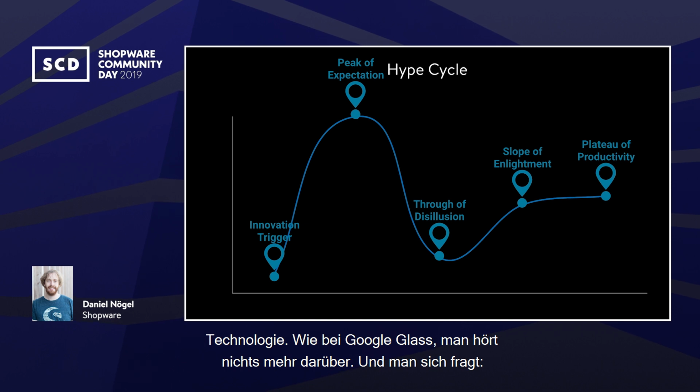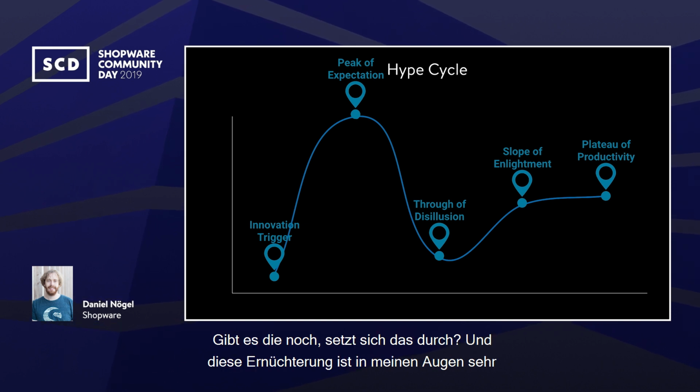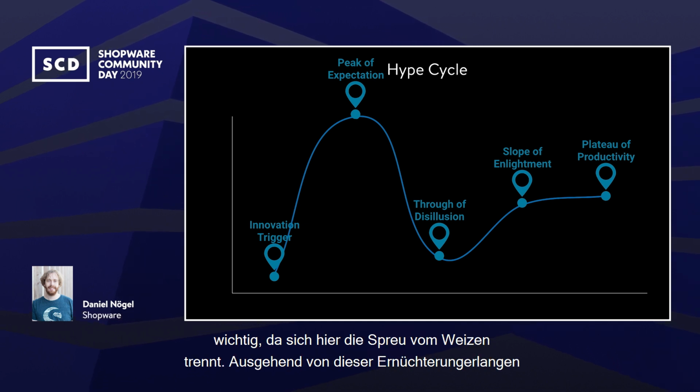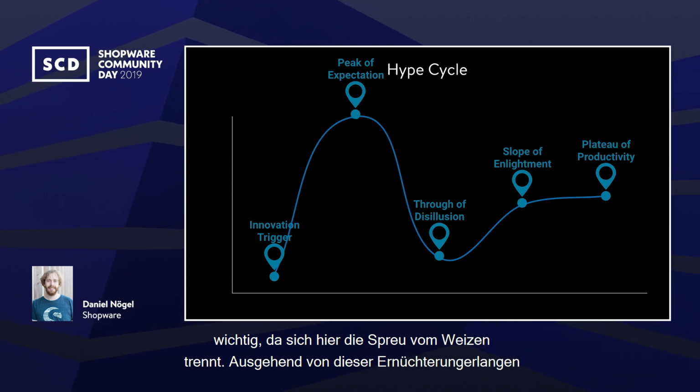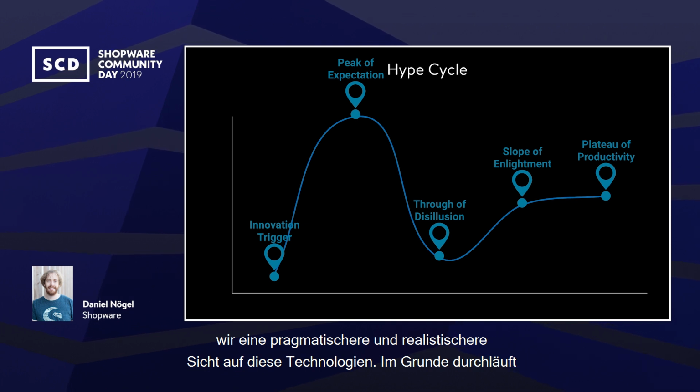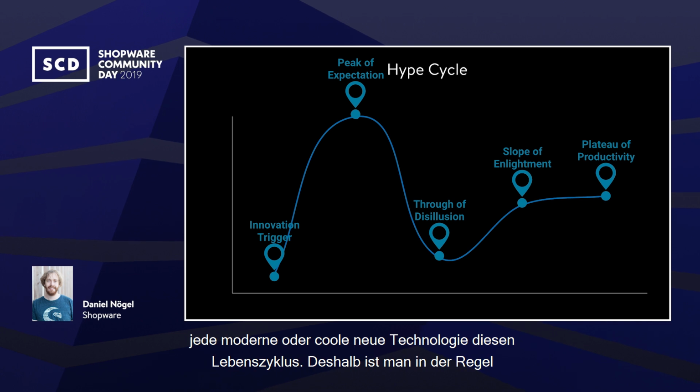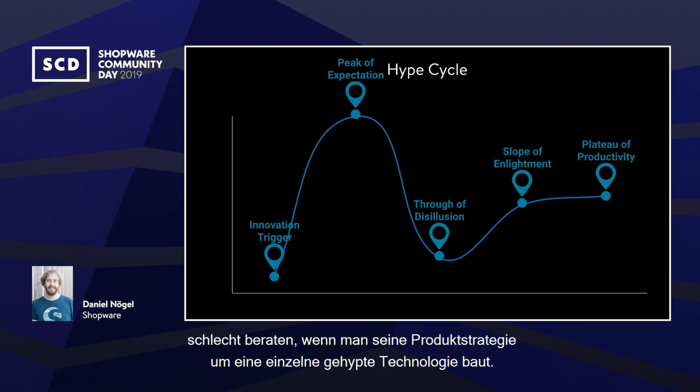So you won't hear from it, and you are wondering, does it still exist? Will it ever come to life? And this disillusion is, as I see it, very important because it tells apart the good from the bad technologies. From this disillusion, we go to a more pragmatic and realistic adaptation of those technologies. And that's basically how every modern or fancy technology goes through the life cycle.